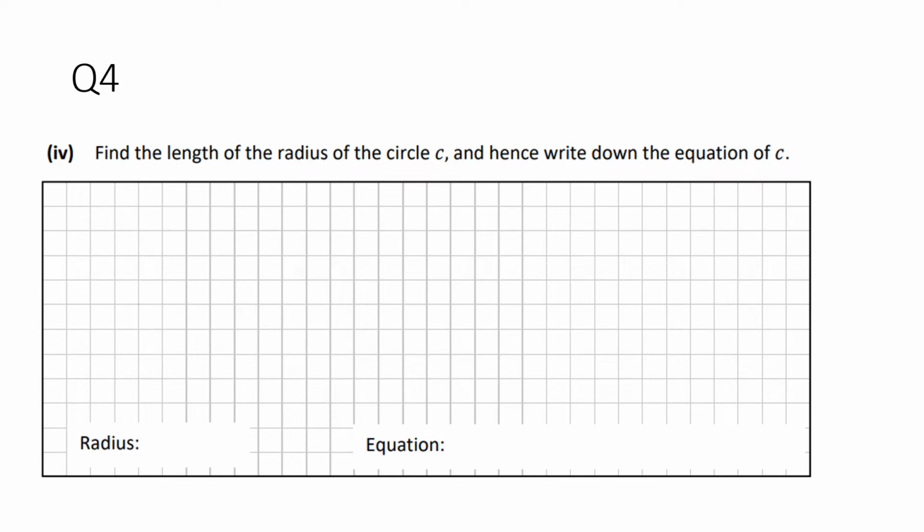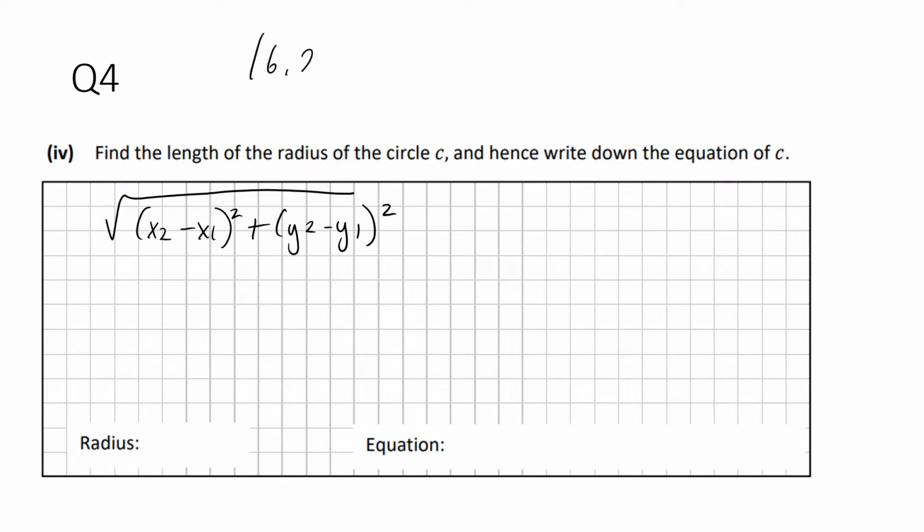So for the radius, use the distance formula, the square root of x2 minus x1 squared plus y2 minus y1 squared. You're using the two coordinates of A and B, and then you're going to halve it. So you're using 6, 2 and minus 2, minus 4 again.